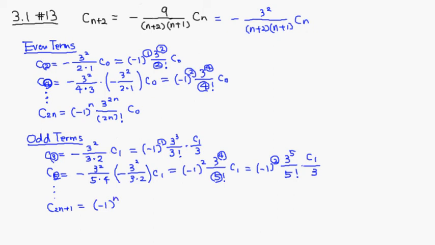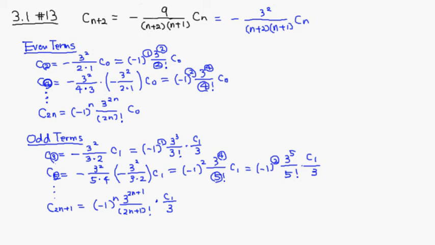Then you have 3 to what power? It's 3 to the 3rd power, 5 to the 5th power. So if it's 2n+1, it's the 2n+1 power. And the denominator is the same number, factorial, so 2n+1 factorial. Then at the end you have C1 over 3. All right, so we got that.